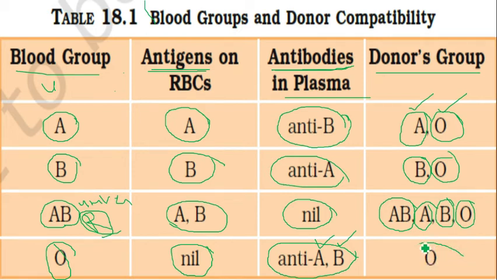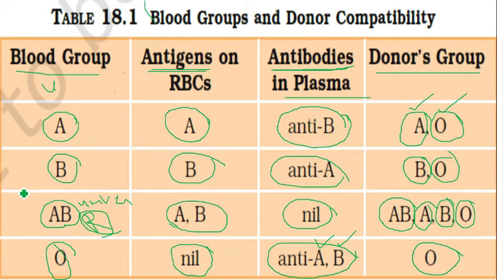Meaning O blood group persons can take blood only from O. Why? Because if they take blood from other blood groups, the antibodies present in their plasma can form agglutination or clotting in the body. Hence, O blood group people can donate blood to any other person because of the absence of antigens, but they can take blood only from the same blood group.